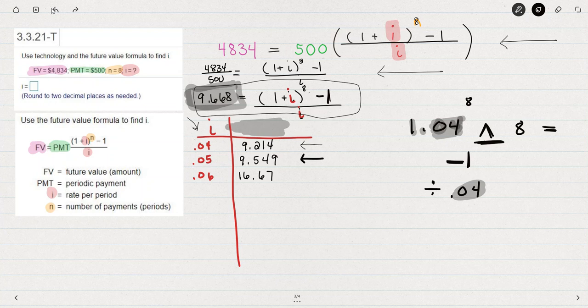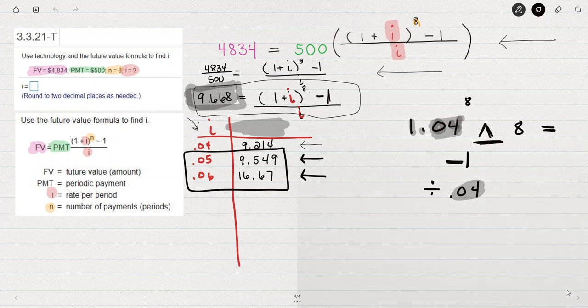I got 9.549 with that process, so I need to go a little bit higher. So I tried the 6/100ths. Notice what a big jump I get, 16.67. So I know that the answer is going to be between 5 and 6/100ths. And I can see that it's much closer to 5/100ths than it is 6/100ths.